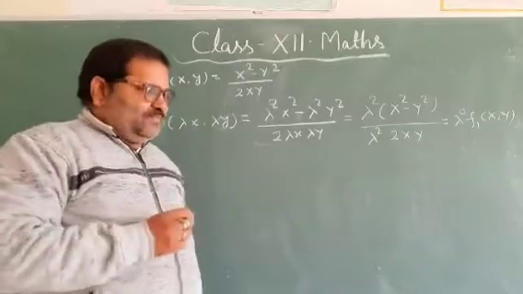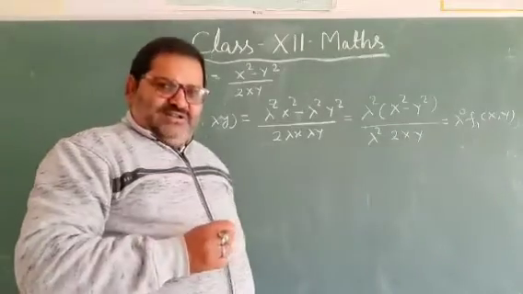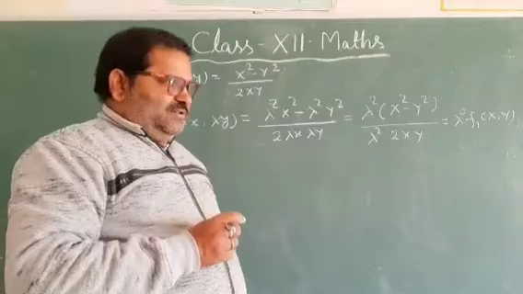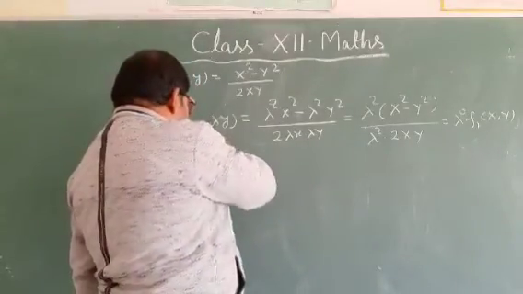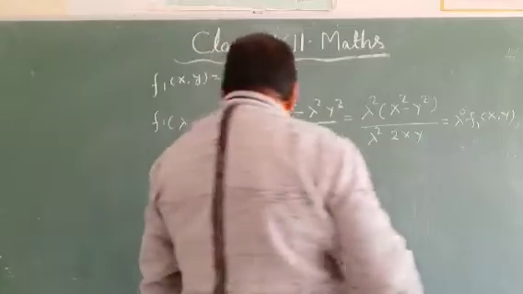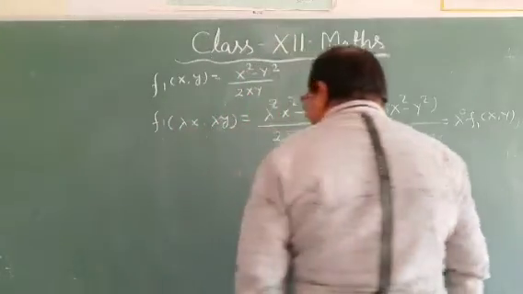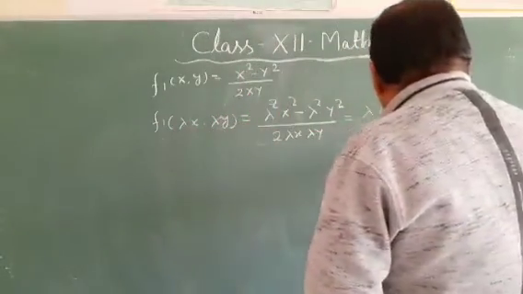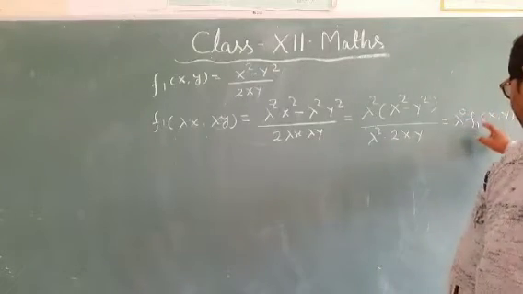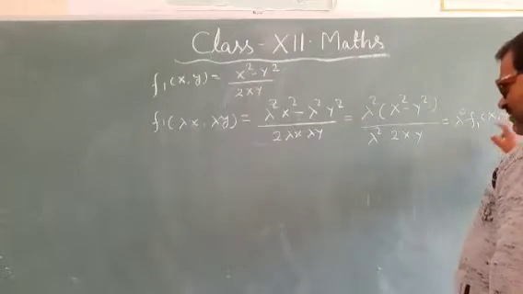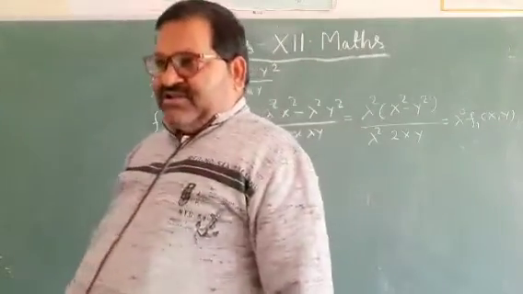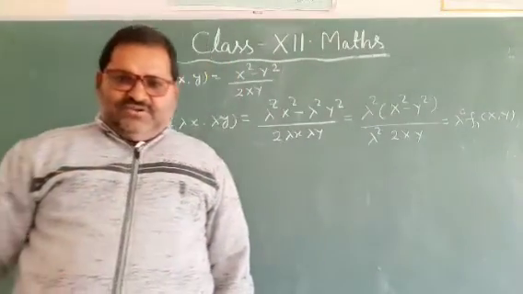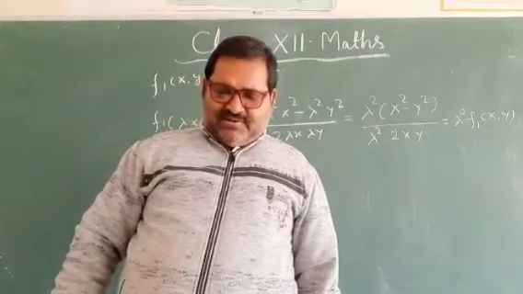So the function is a homogeneous function, because f1(lambda x, lambda y) equals lambda power 0 f1(x, y). Such type of function is a homogeneous function.